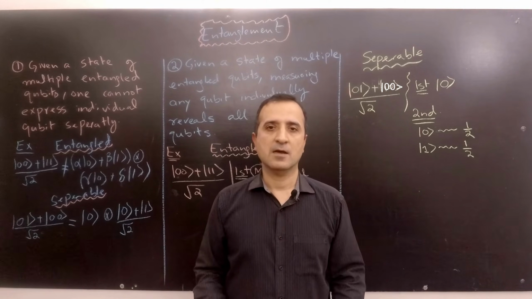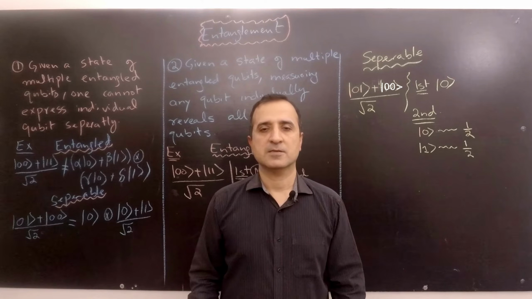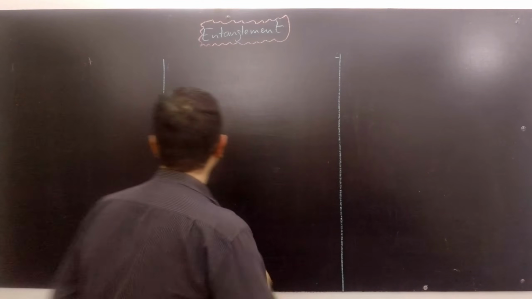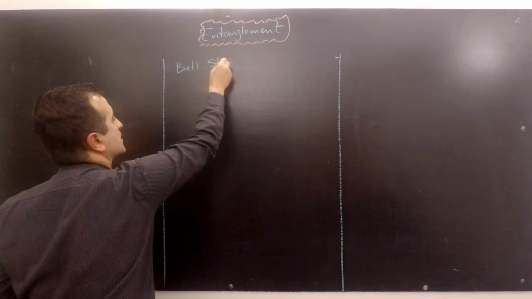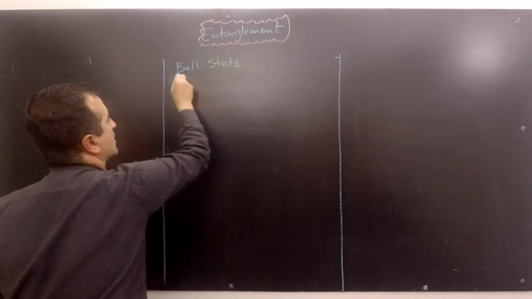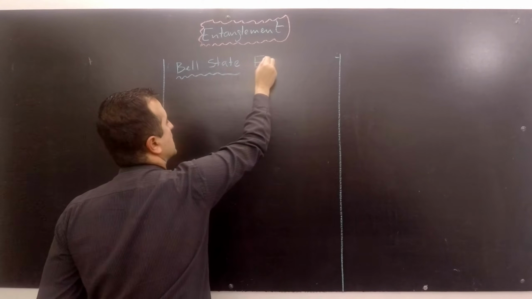Now let's list Bell states and draw the circuit that creates Bell states. Bell states, also known as EPR states.